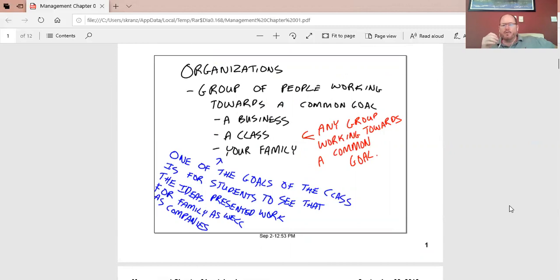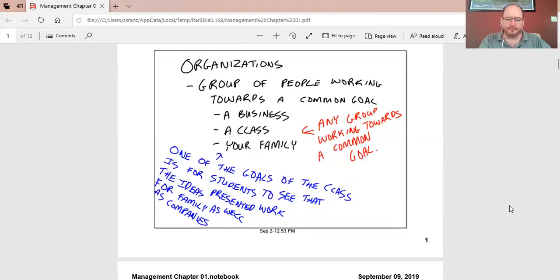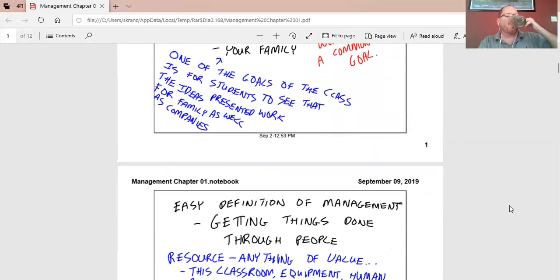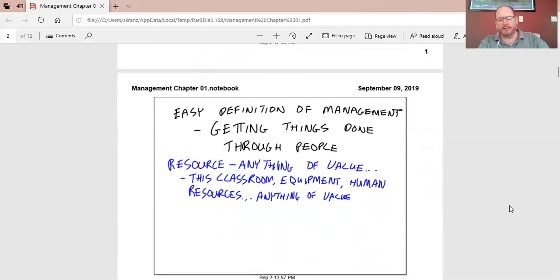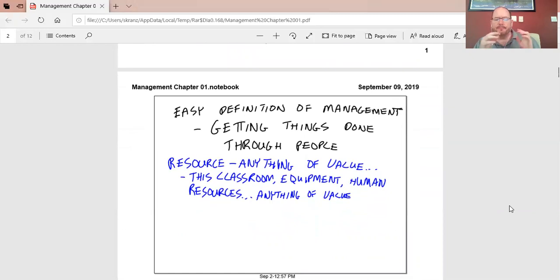One of the goals that we have in this class is for students to see that the things we talk about in here are not just things for business, they apply to your home life as well. So again, the easy definition of management: getting things done through people.